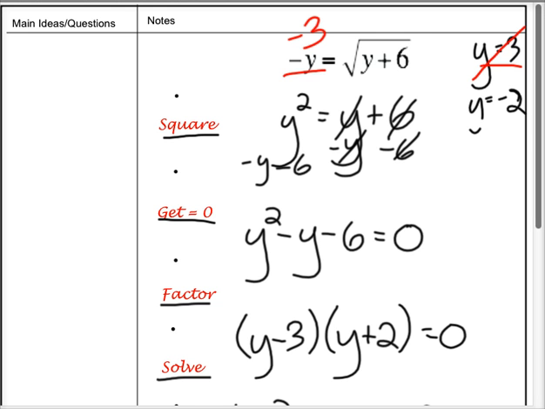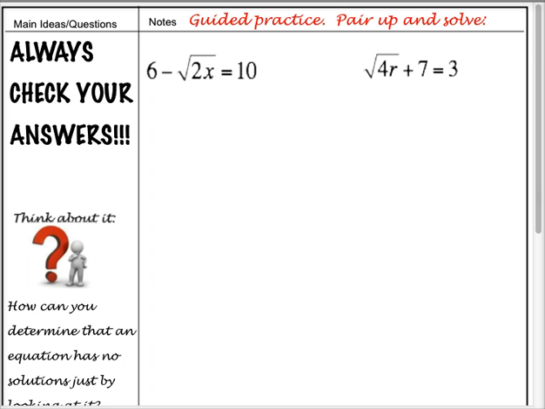So, jumping to our last page, we get a little reminder on how to do all these. Let's work on solving these. Here, we're trying to isolate the square root.